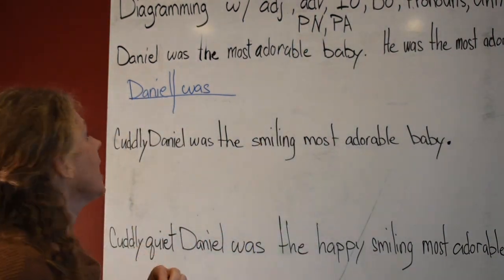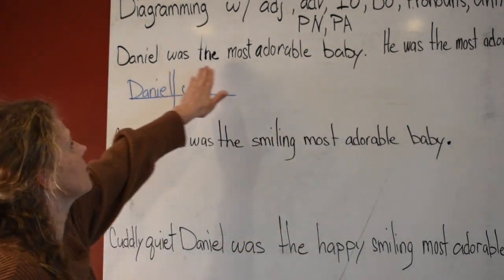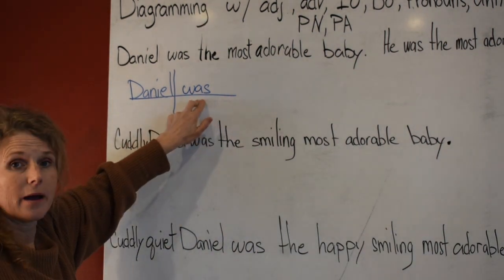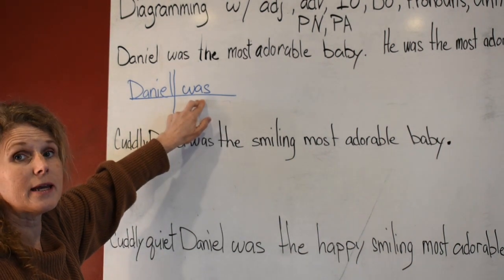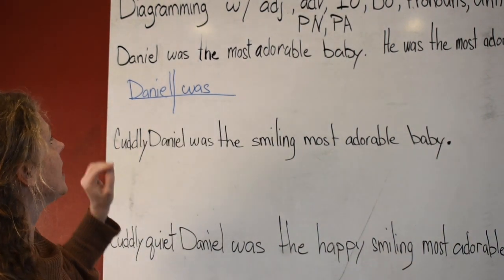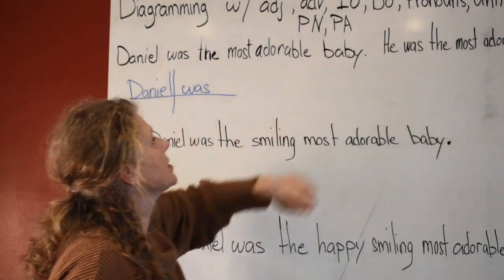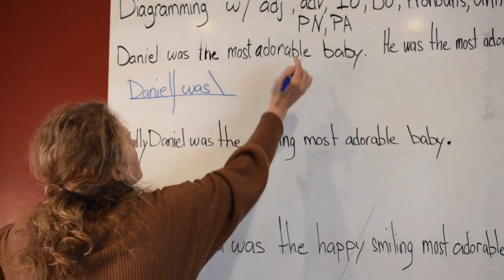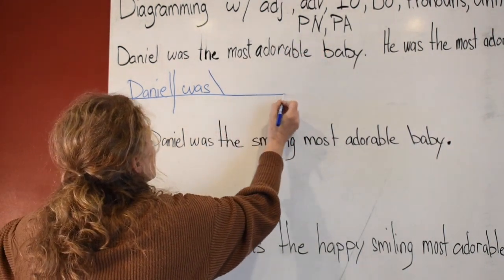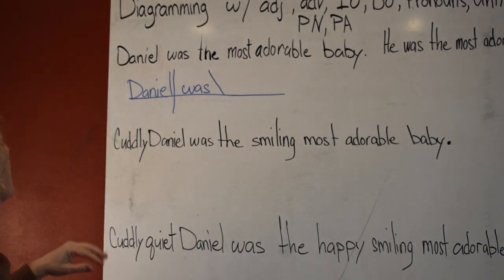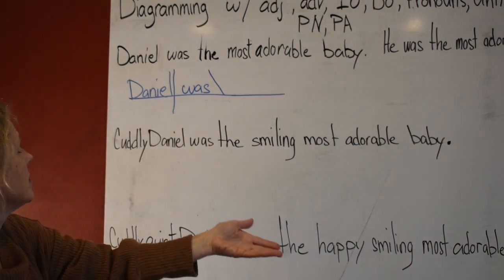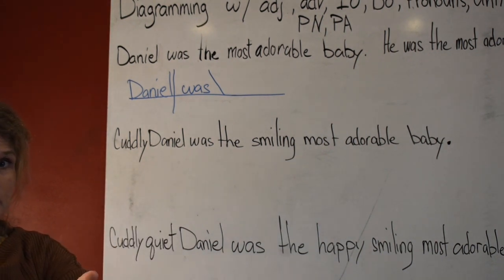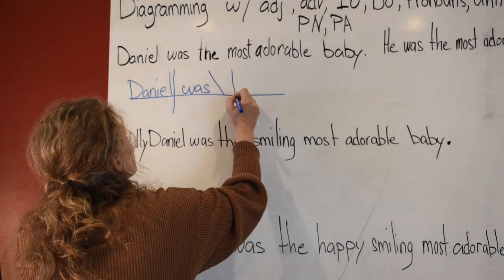So if that's the case and we don't have any other verb here, no action verb to go with this verb, we know that this is either a be verb or a linking verb. And since we have something in here that's going to attach here, we know that this is going to be either a predicate nominative or a predicate adjective. And so we'll just extend that line. Daniel was what? No, Daniel was a what? He was a baby, right?